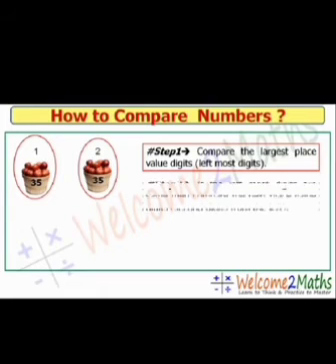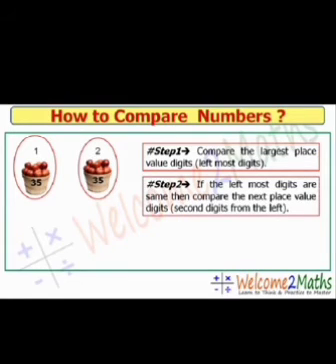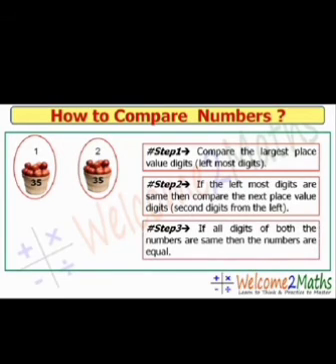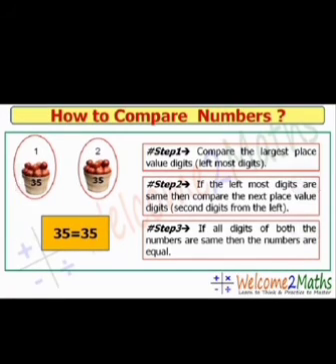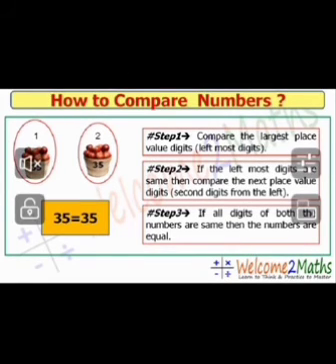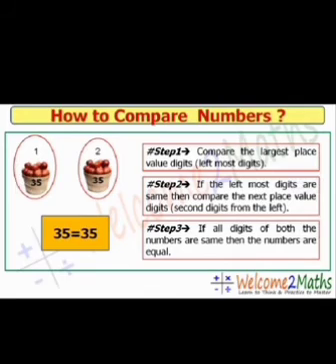If the leftmost digits are the same, then compare the next place value digits, that is second digits, and here those are also the same, that is 5 and 5. So let's go to step number 3. If all digits of both the numbers are the same, then the numbers are equal. So we can write 35 is equal to 35.